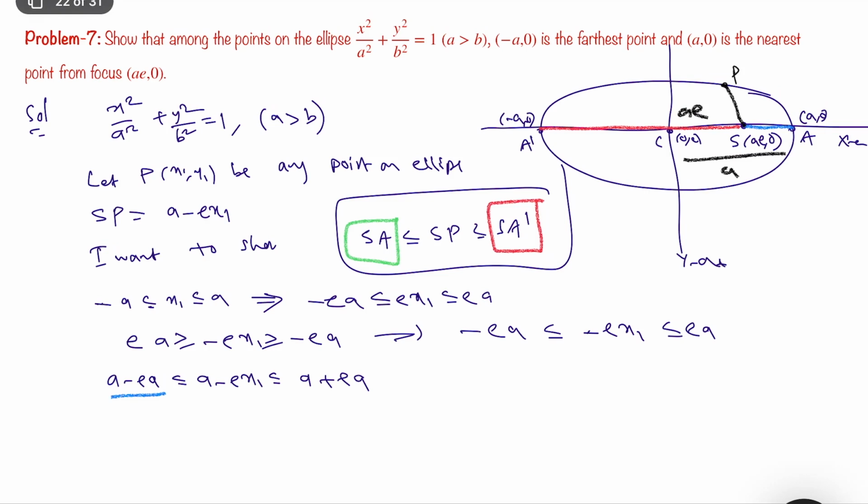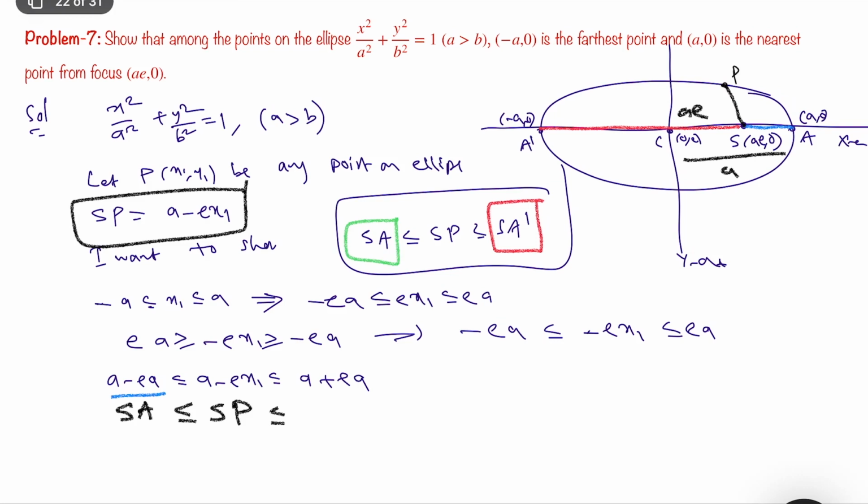So CA minus CS is going to be SA. So this will be exactly SA, and this is less than or equal to a minus e x1, which is the focal distance of the point P, so this is going to be SP, which is less than or equal to a plus ea.